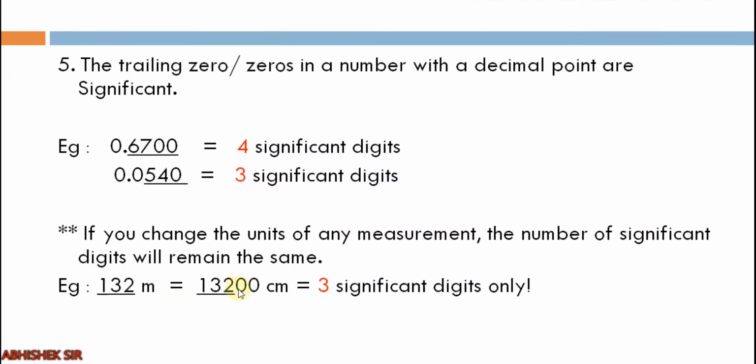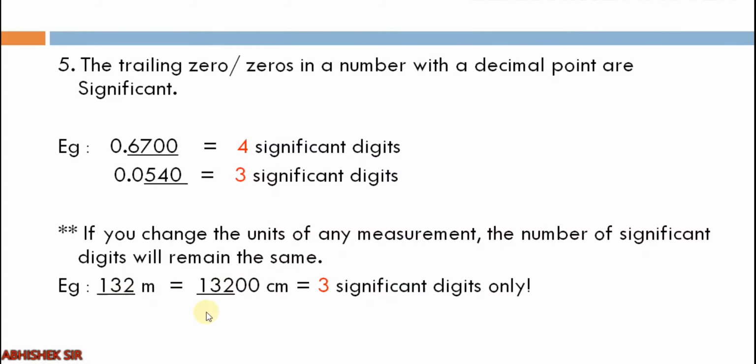So if zeros are added afterwards, according to the first rule, the number is without decimal point, right? So only the non-zero numbers are significant. So 132 is significant. Trailing zeros without any decimal point are not significant. So many rules are applied.